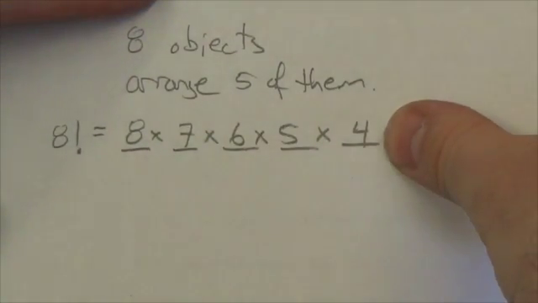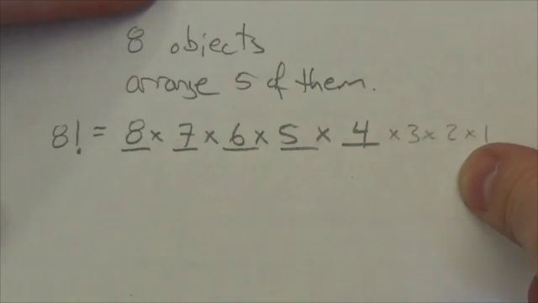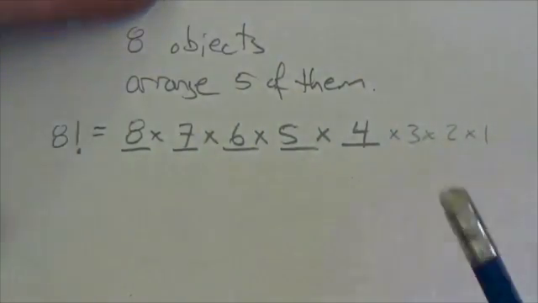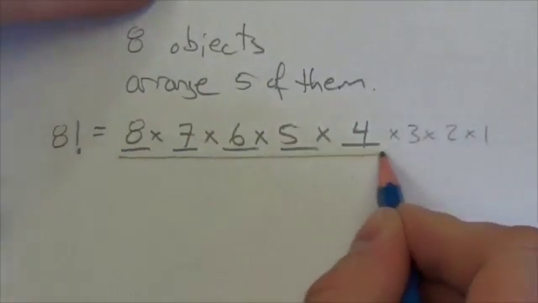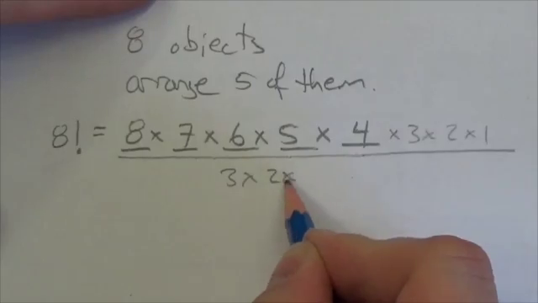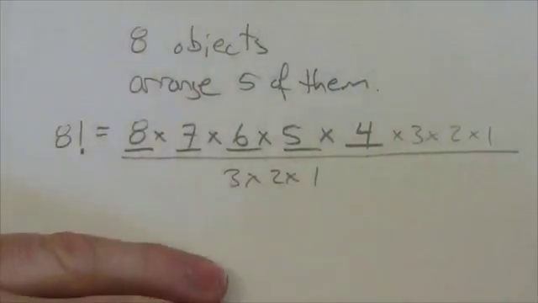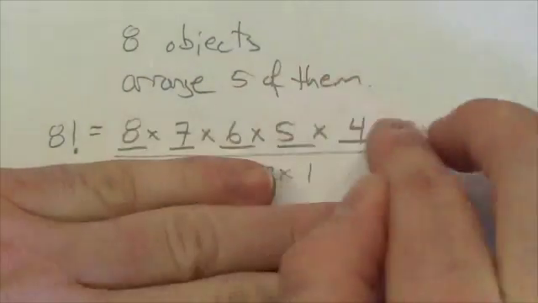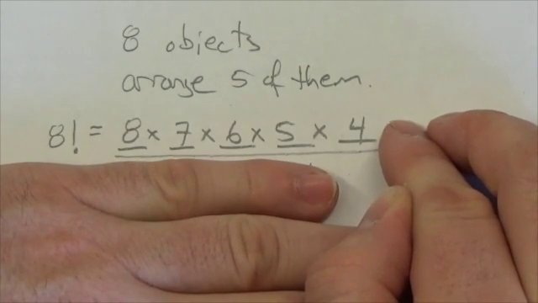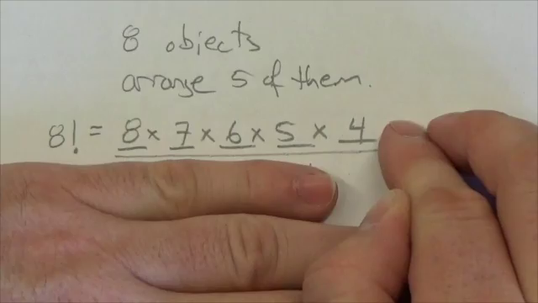I only want those 5. I don't want this piece right here. So what I want to do is divide out this back end, this 3 times 2 times 1, because when I divide those out, that will leave me with the set of numbers that I actually want, the group of numbers that I got using the fundamental counting principle.